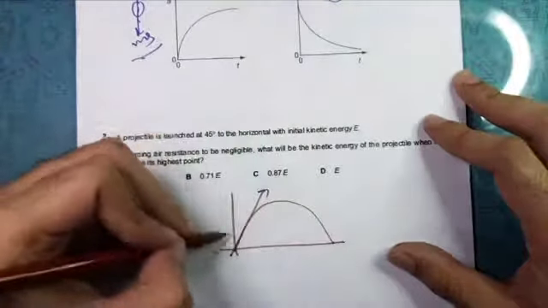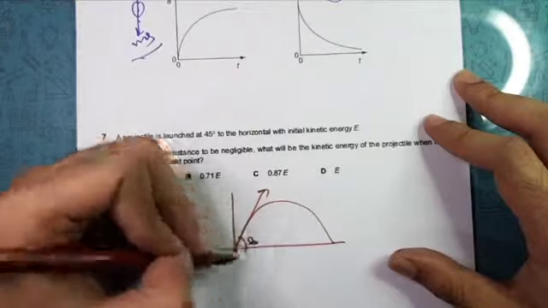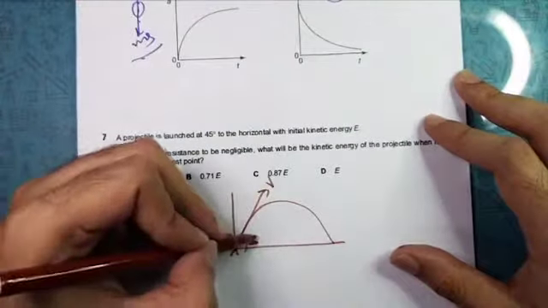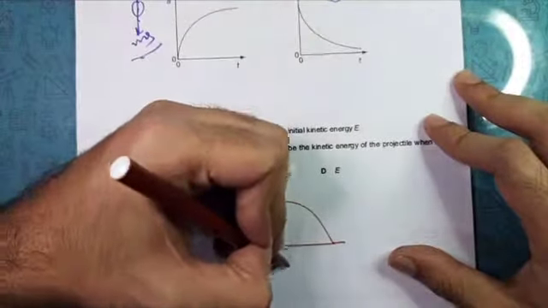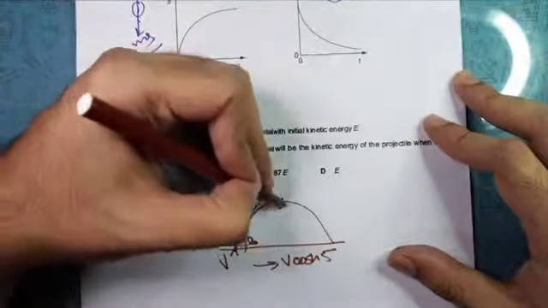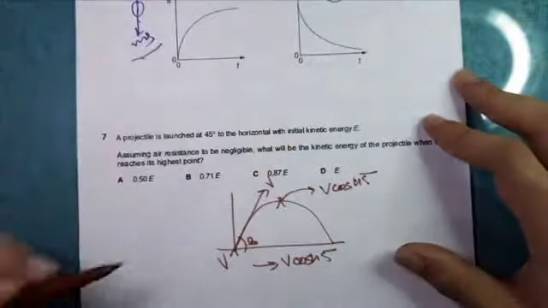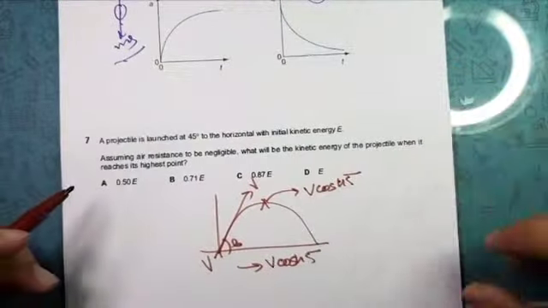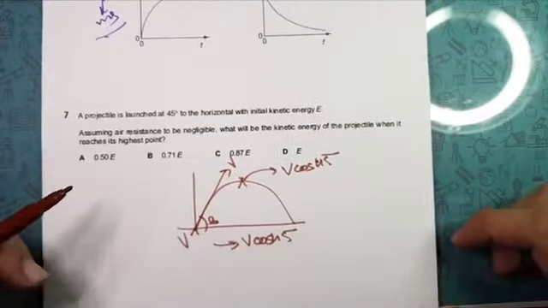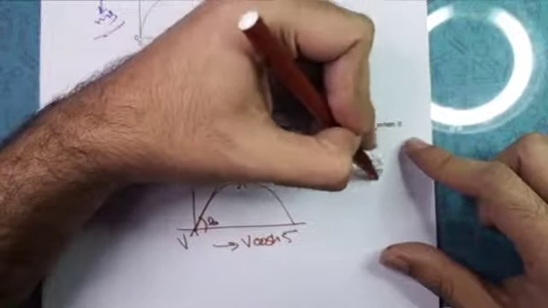So if we consider this diagram, this is theta, so theta is 45. This component is v cos 45, and here the velocity is v. At the highest point, the velocity is going to be v cos 45. Do you agree? Cos 45 has a value of 1 by root 2.